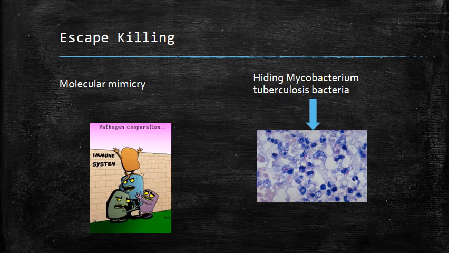They will multiply inside the cells and later invade the body when they generate a large amount of them. Among the bacteria that use this strategy are Brucella, Listeria, and Mycobacterium tuberculosis. They all infect the macrophages. As you know, the macrophages are cells that are normally responsible for destroying these invading bacteria.